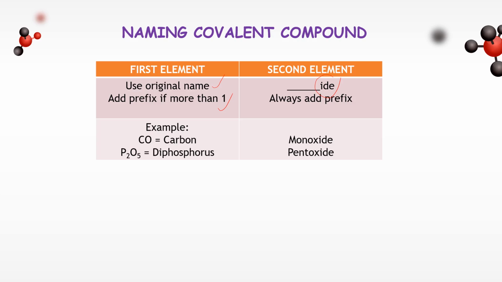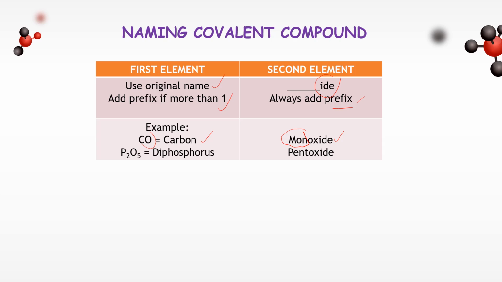For example, here we have CO. The first element is carbon and the second element is oxygen, so we put the prefix mono. Since we have one atom of oxygen, we put monoxide, so we combine the words carbon monoxide.